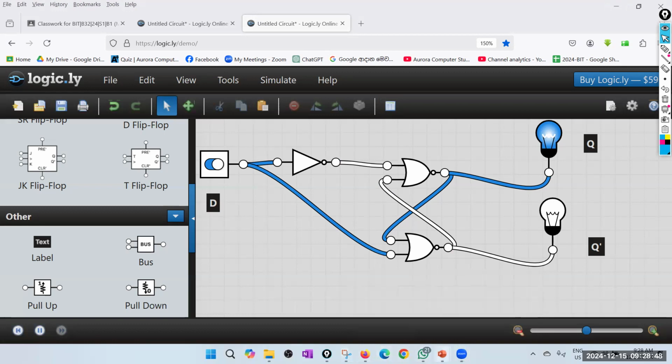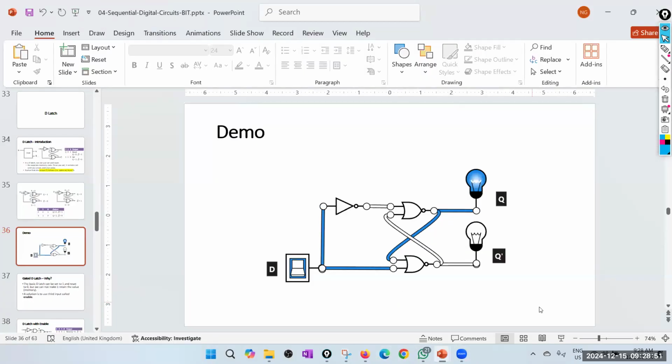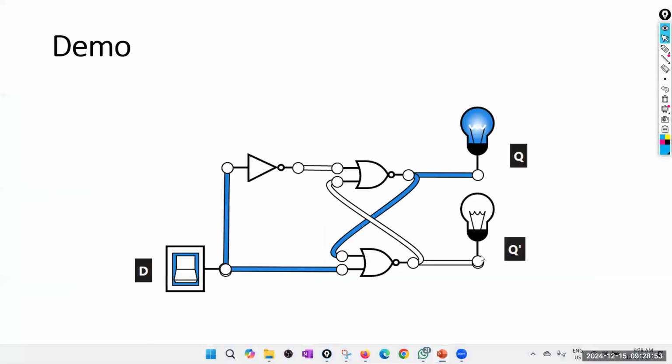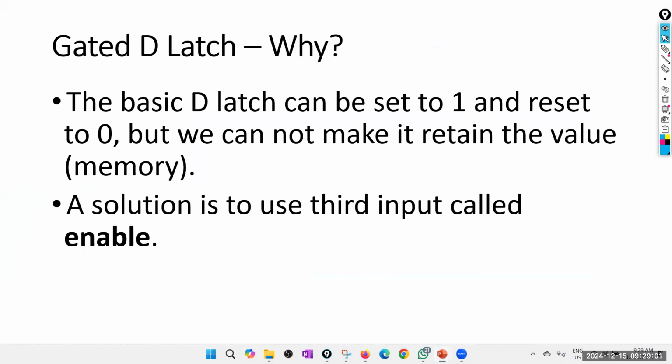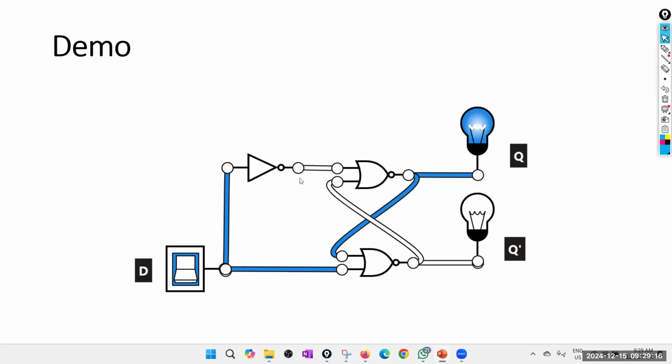Right. So any question on D latch? It's a very simple version of SR latch. Okay. Right. So we can improve the D latch again by using enable, because a bit of an issue is you don't have memory.